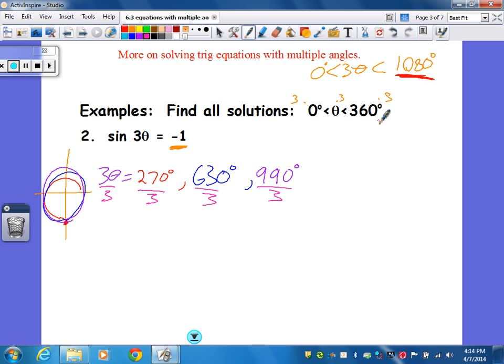So theta is 90 degrees, and then we have 210 degrees, and 330 degrees. So 330 degrees. Okay, so that would be my answer.